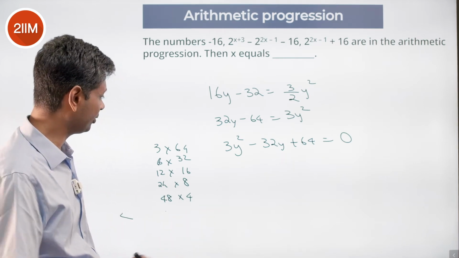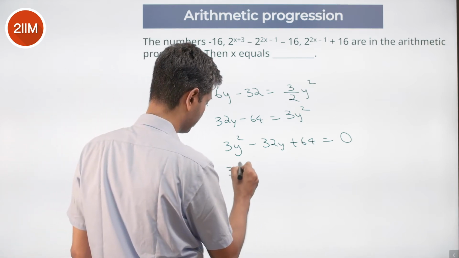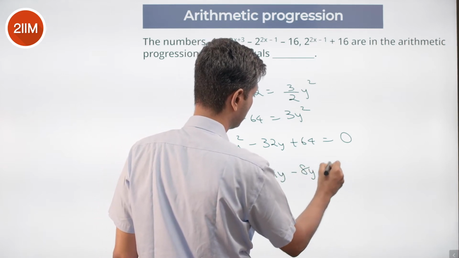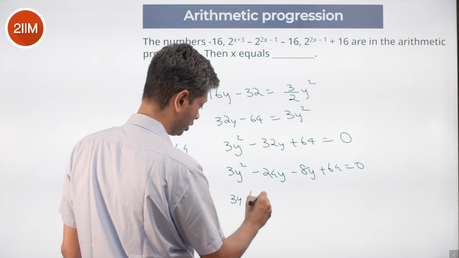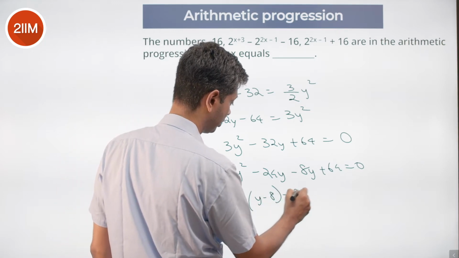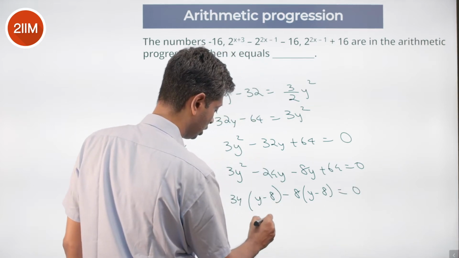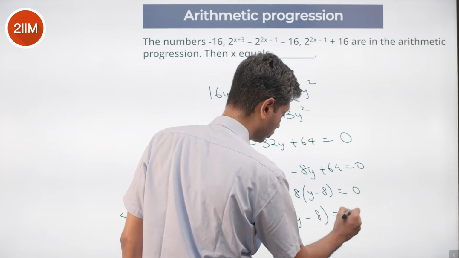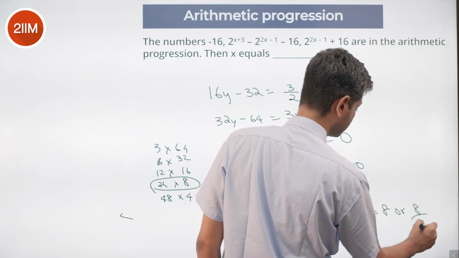Two of these numbers need to add to 32. 24 into 8 works. 3y square minus 24y minus 8y plus 64 equal to 0. 3y into y minus 8 minus 8 into y minus 8 is 0. 3y minus 8 into y minus 8 is 0. Y is 8 or 8 by 3.